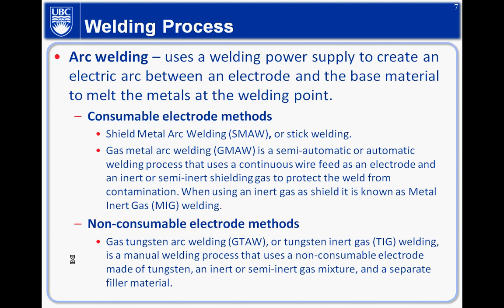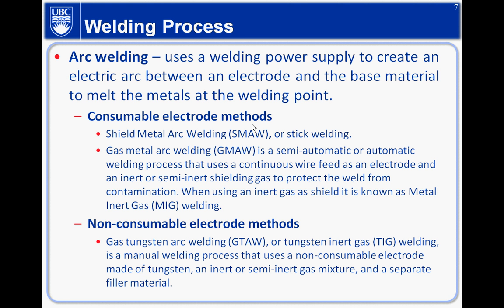So for consumable electrode methods, there are typically two here. One is called shielded metal arc welding. This is the most widely used, and it's the old type. It's called stick welding. Basically you see the picture, people holding a gun-type thing, and there's filler material like a stick sticking out, and then you're going through the metals to do the welding. Gas metal arc welding is also a consumable electrode method, but in this particular case, they use a continuous wire feed as the electrode.